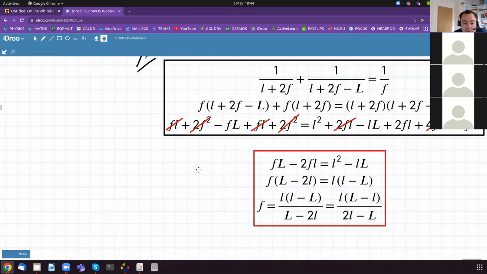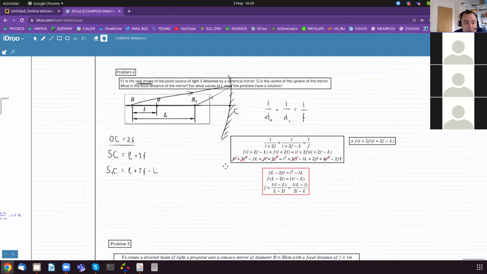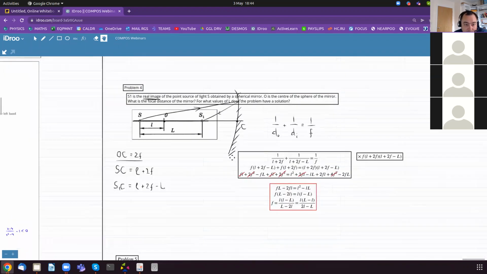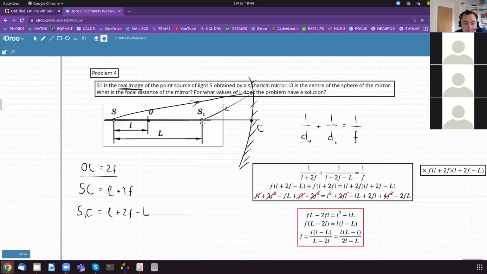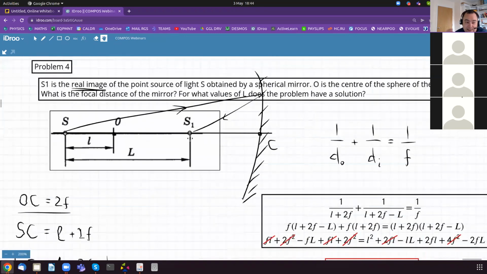Now, the focal distance of a concave mirror, because it is a real image, it can only be a concave mirror.